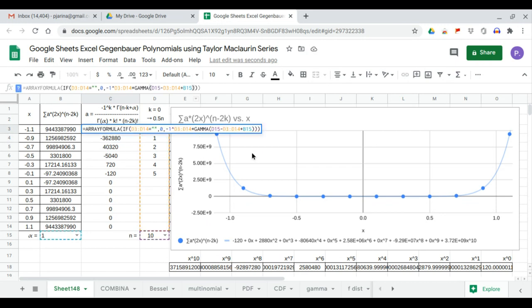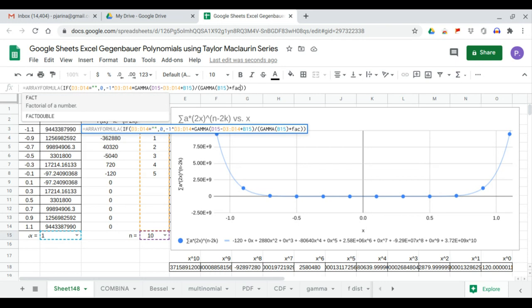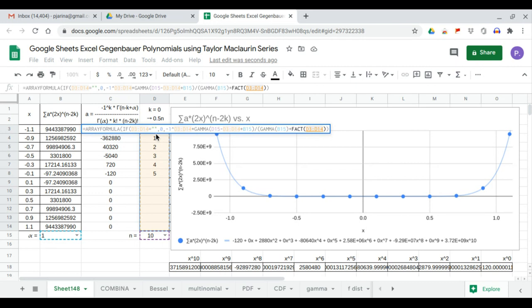So divided by, and there are three parts, gamma alpha, factorial k, and factorial n minus 2k. So gamma of alpha times factorial k times factorial n minus 2 times k.